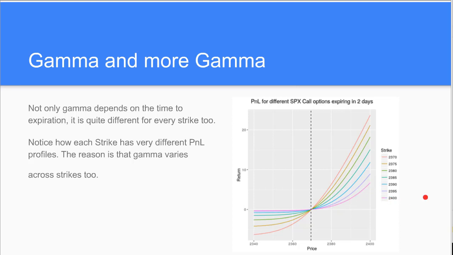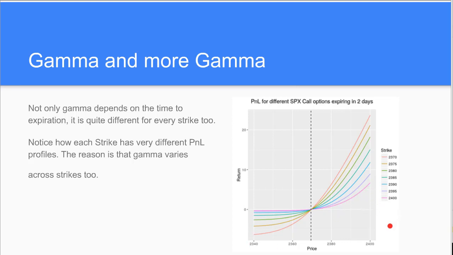And you notice an interesting behavior, even for the same expiration time: the farther you go out of the money, the more optionality you get. Notice that the 2,400 option is very convex. It has tremendous accumulation of profits and almost no losses. But notice how, as I get close to the money, the optionality is changing. The closest option to the money actually has optionality, but it has less optionality or less convexity than the far out of the money.